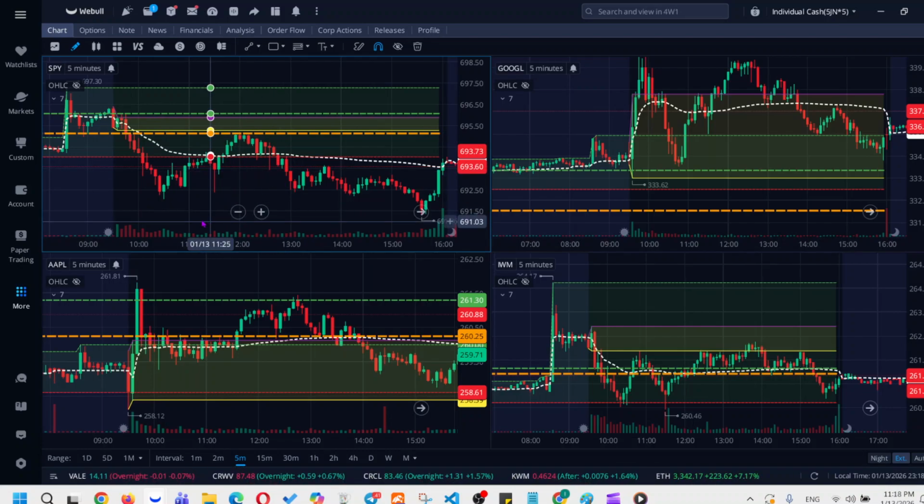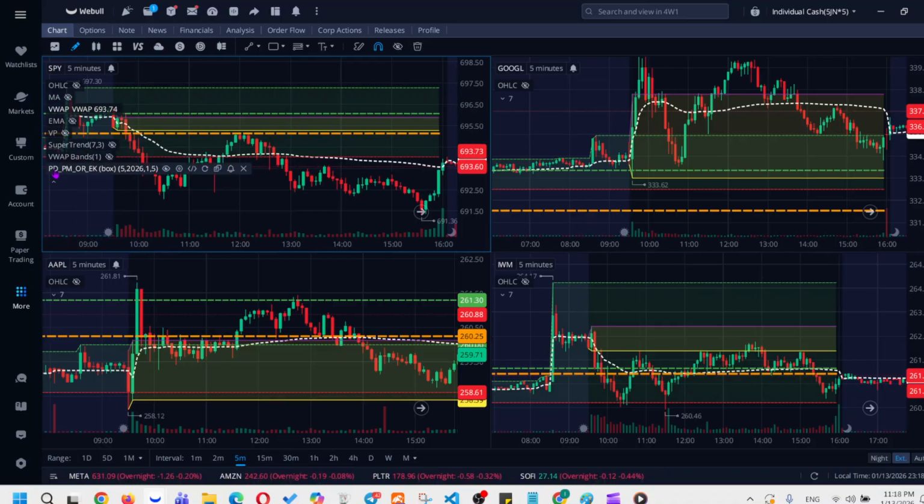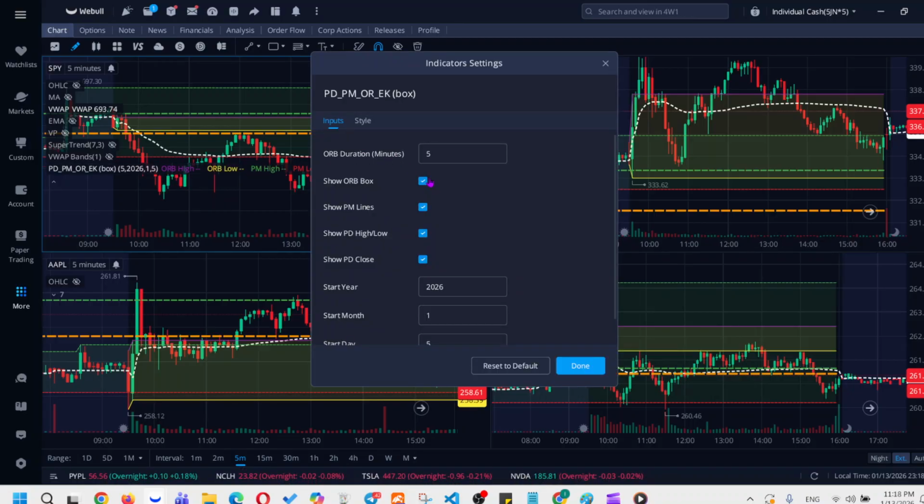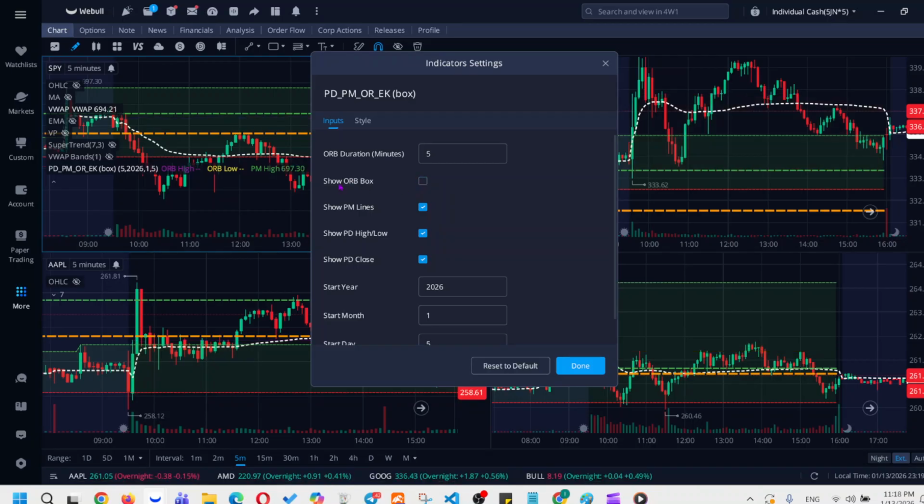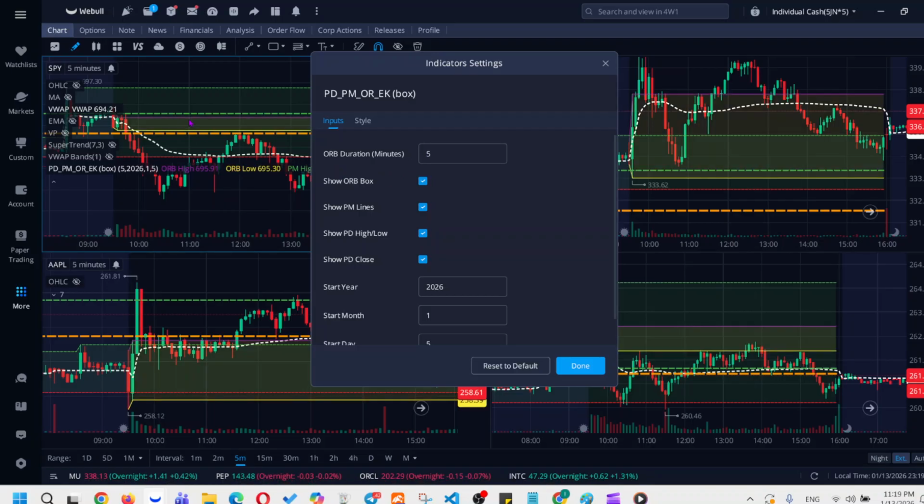So for simplicity, let me just remove the opening range. I go to my indicator list here. This is my custom indicator, and from the settings I just uncheck this one. It used to show the 5-minute opening range as a box, the purple and the yellow one.